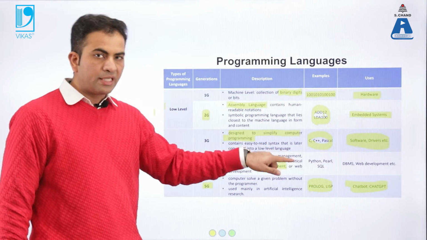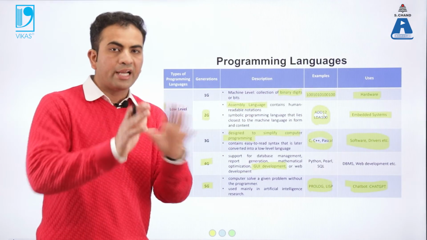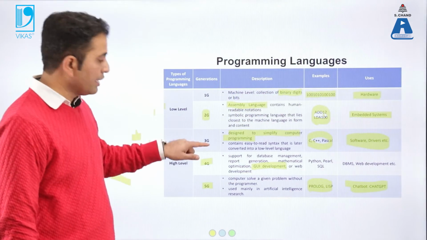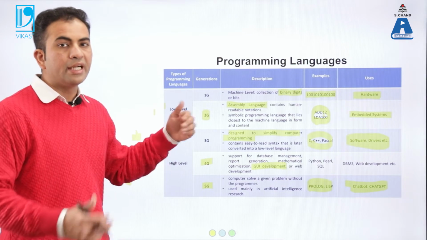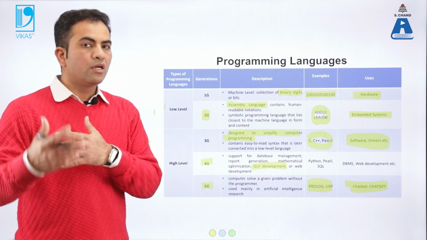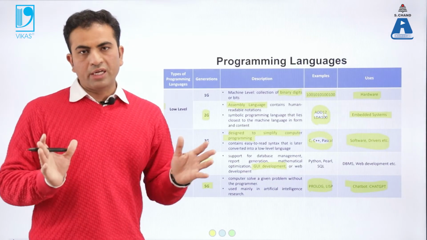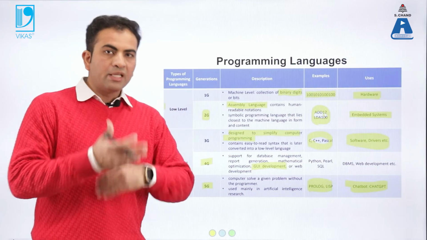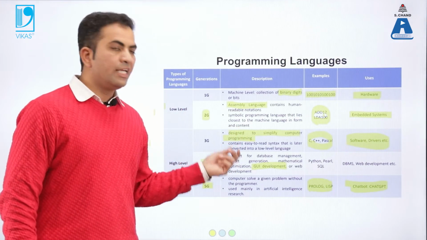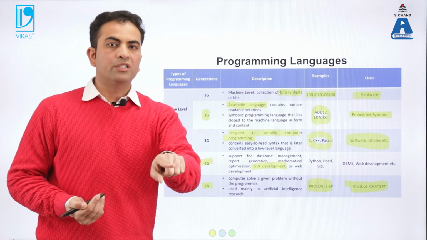The assembler translates these instructions into the machine level language so that hardware can execute those instructions. In third generation programming language, which is totally C, C++, Pascal. As we say, Sanskrit is the mother of all natural languages, in a similar manner we can say C is the mother of all languages for the computer system.